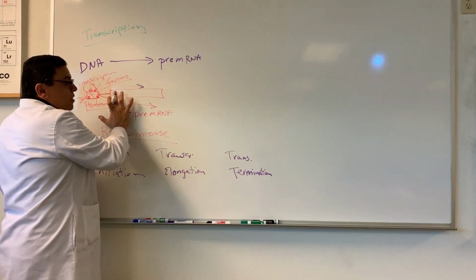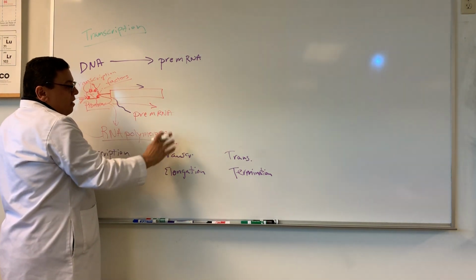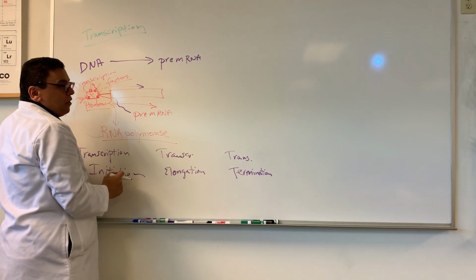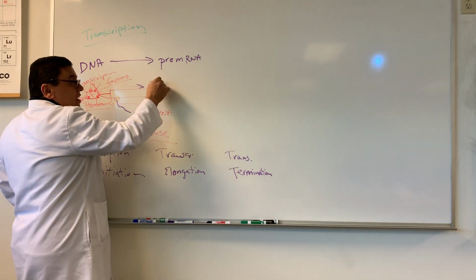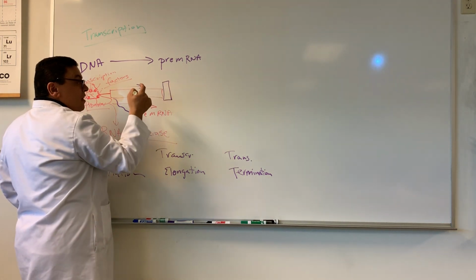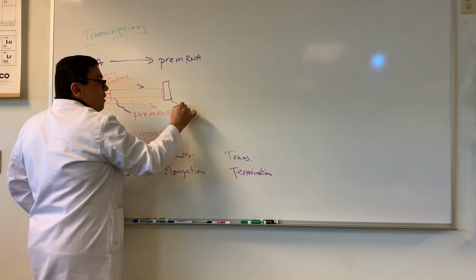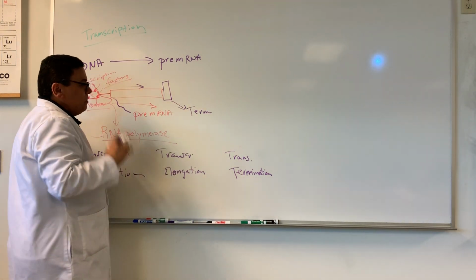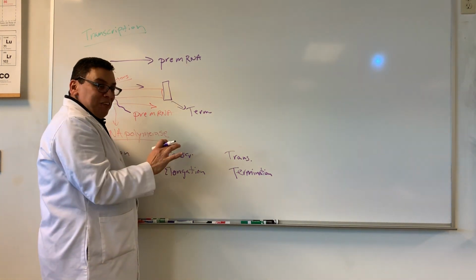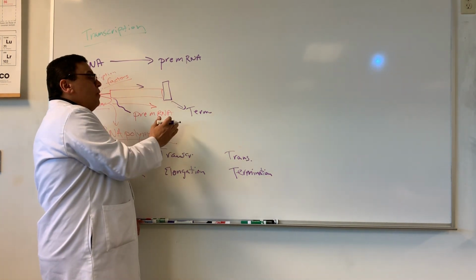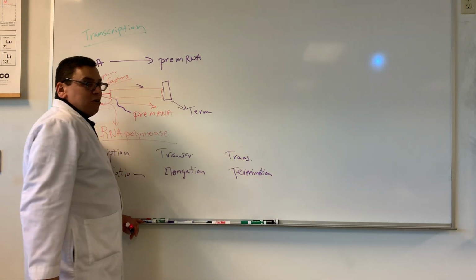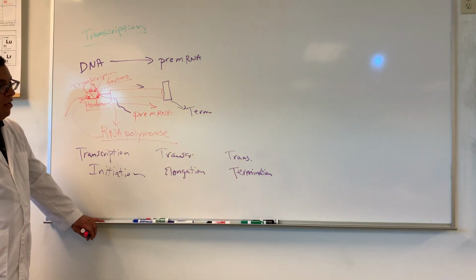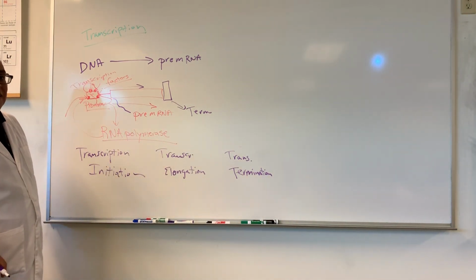So, RNA polymerase will sit on your DNA and start making the RNA. That's this one, elongation. Eventually, it's going to hit a sequence on your DNA called the terminator. Like Arnold, right? Arnold Schwarzenegger. The terminator sequence. And it will tell RNA polymerase, you're done with transcription. Get off, you're done.